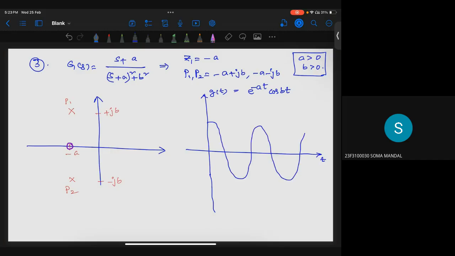How does e power minus at look? For a positive, it starts at some point and keeps reducing. If you multiply these two, how does the wave look? So you will get a wave from here.